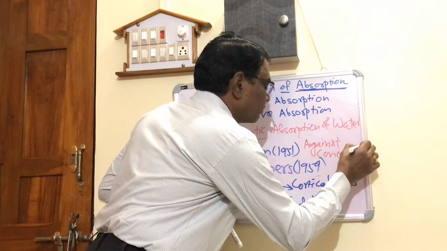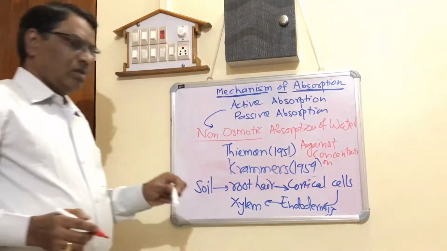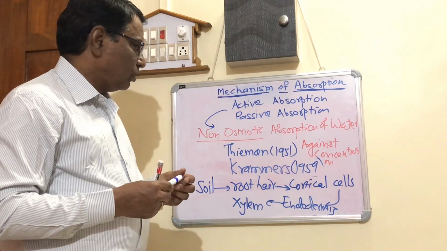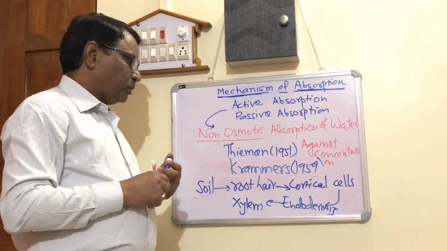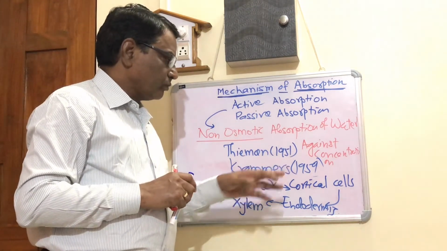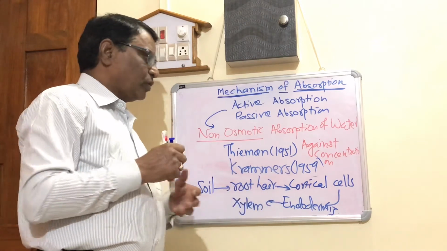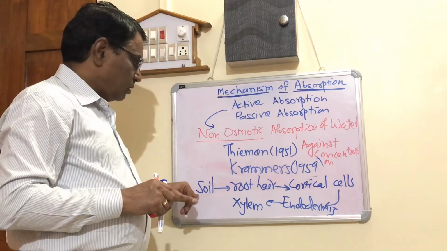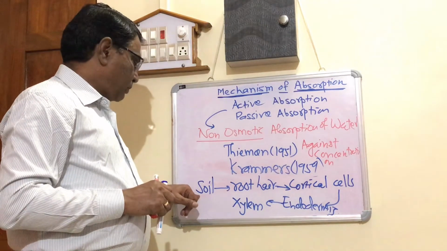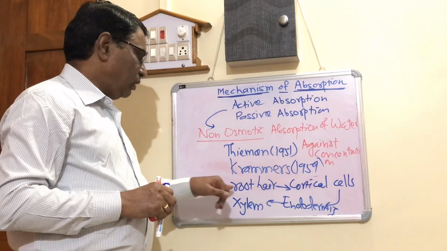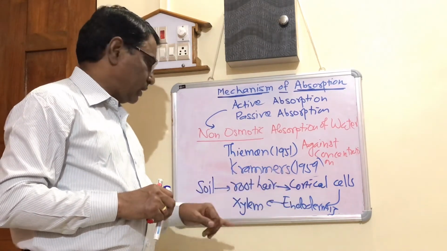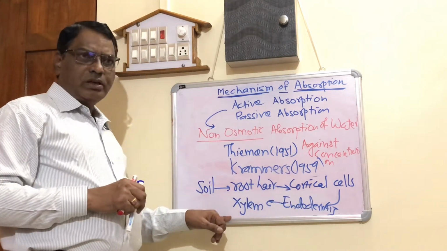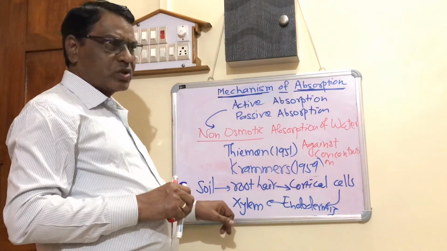Here, the previous workers who supported the osmotic absorption of water hold the view that the movement of water is due to the osmotic concentration. But this theory supports the view that water moves from soil to root hair, to cortical cells, into the endodermis, and through the endodermis into a xylem strand.